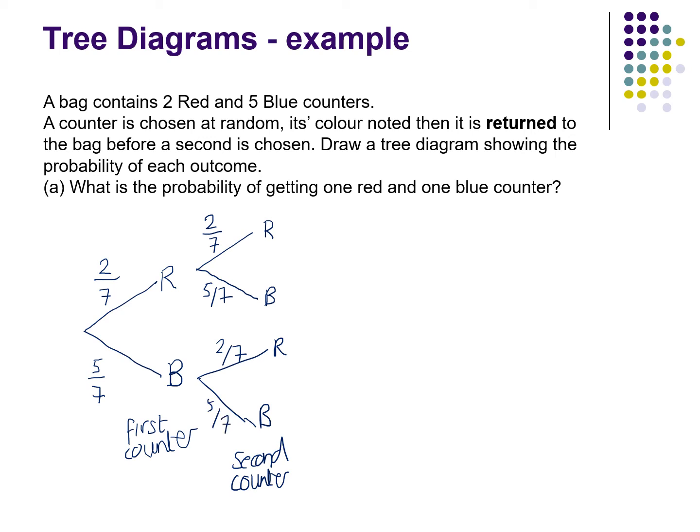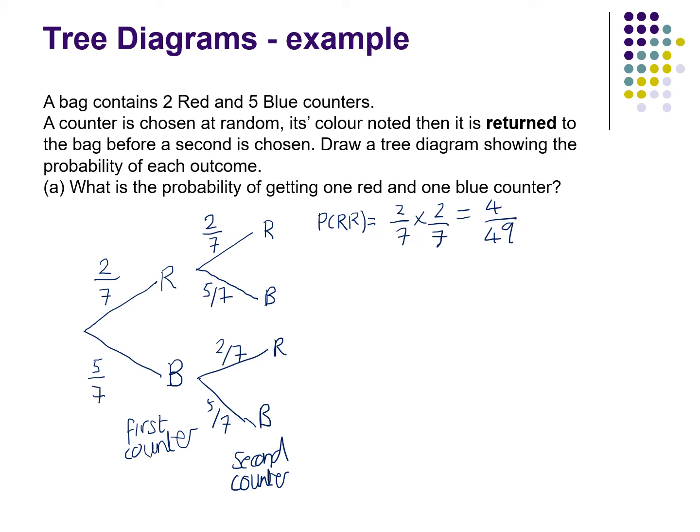Okay, so now what I can do along the ends is write the probabilities for each of the outcomes. Travelling along those top branches, that's going to give me the probability of a red and a red. Do you remember what you do? Times them together. 2/7 times 2/7. Now this could be non-calculator, so make sure you can times fractions: times the top, times the bottom.